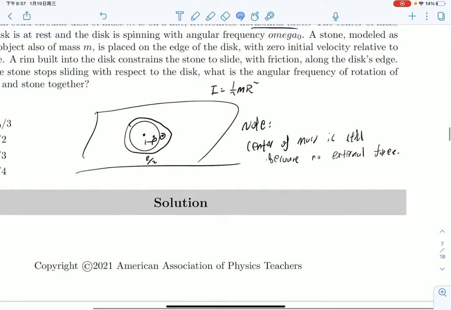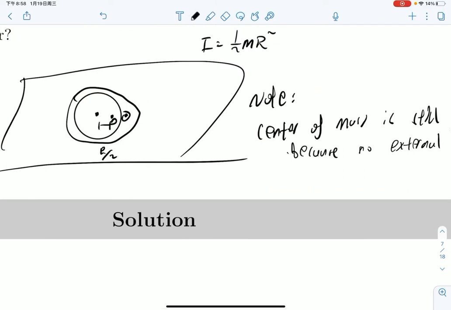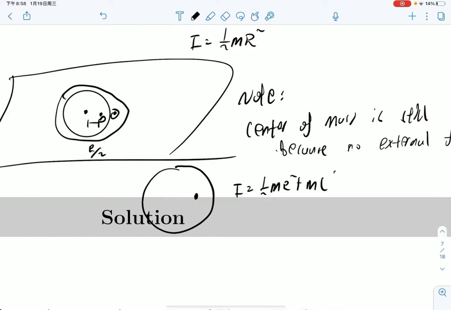And now you can see when the disk is rotating around this point, I is equal to 1/2 mr squared plus m (r divided by 2) squared, which is equal to 1/2 plus 1/4, which is 3/4 mr squared.